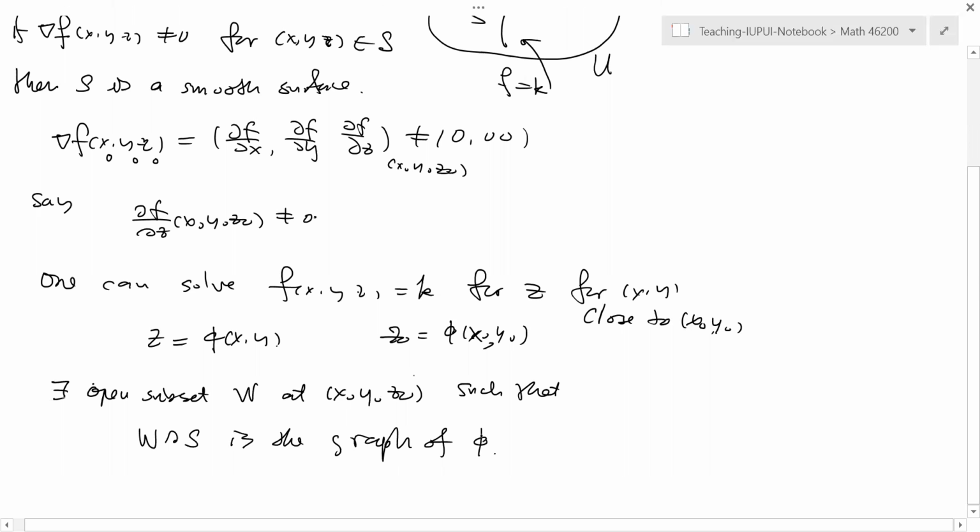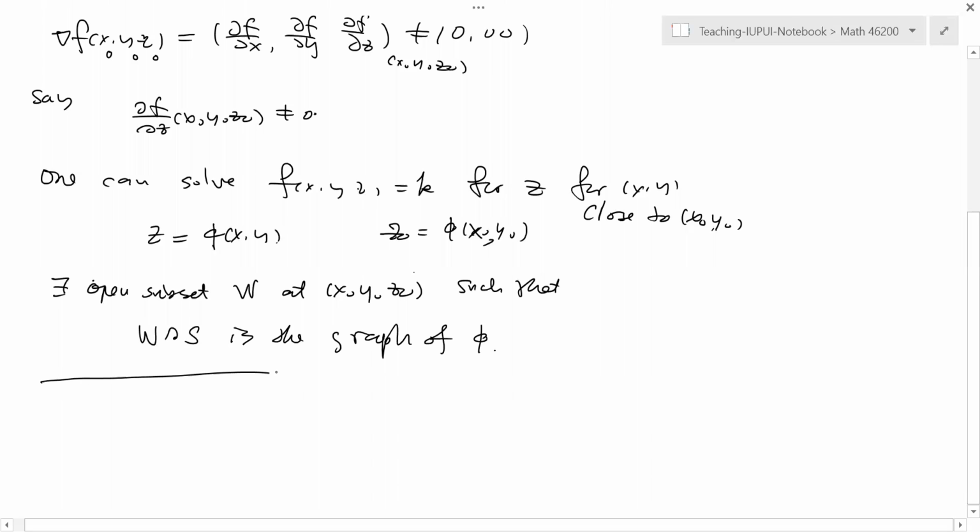So the level surface actually consists of graphs of some functions. And if the partial derivative of f with respect to x is not 0, you can solve for x in terms of y, z. So that's the idea.